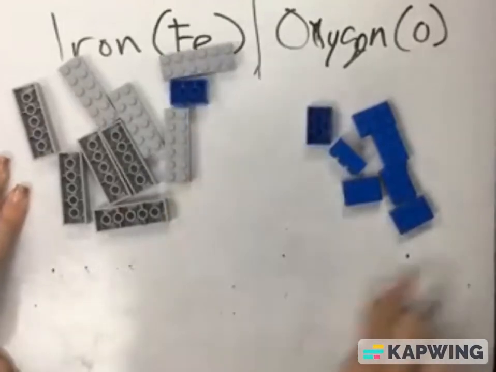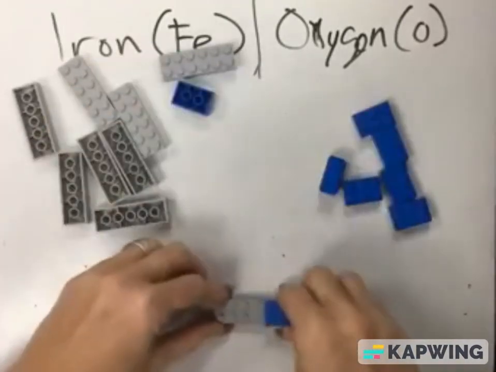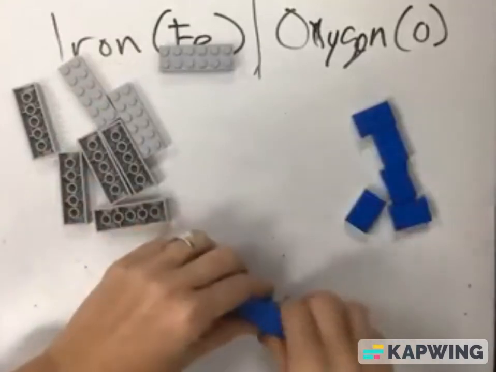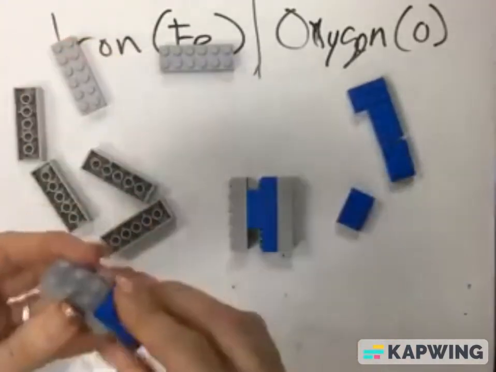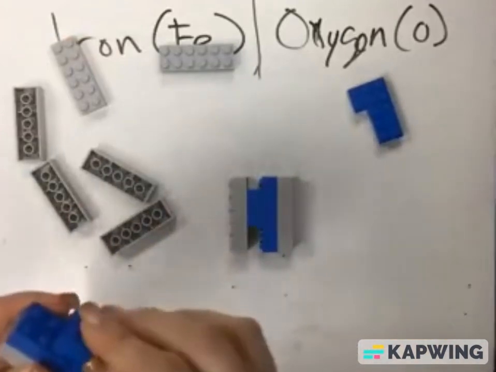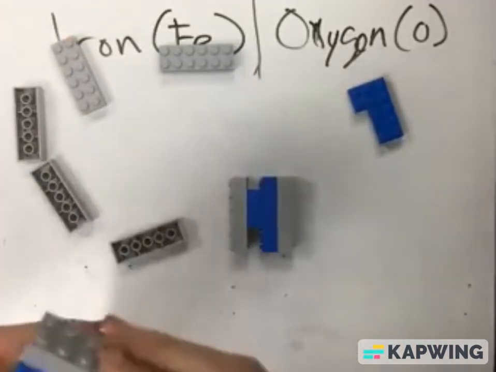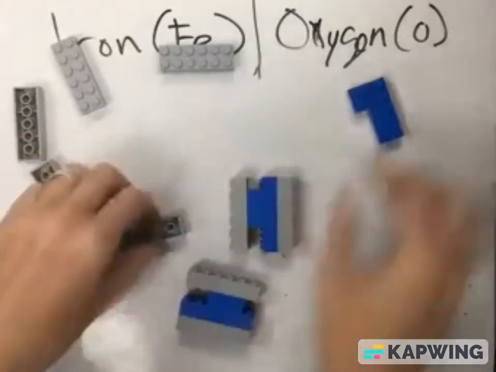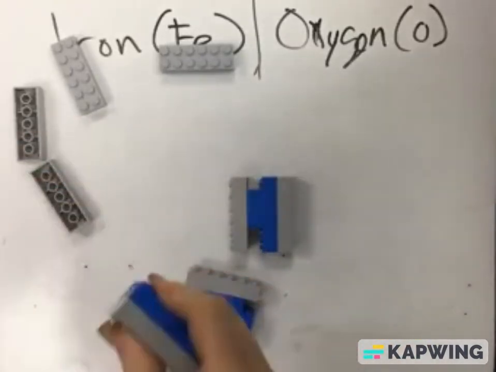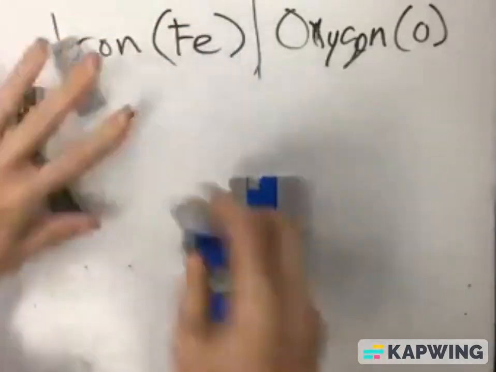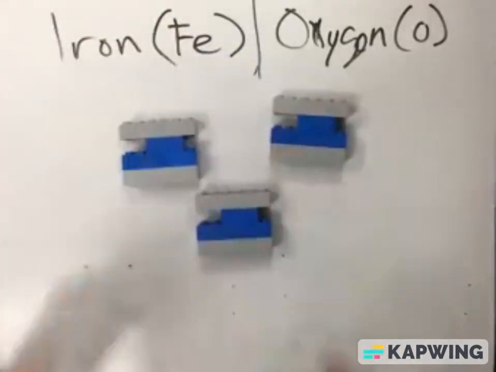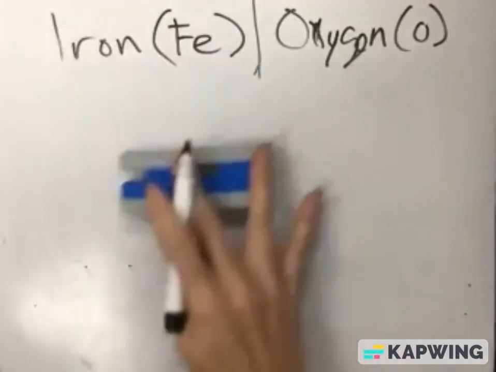Now, if we take these two elements and stick them together in very specific ratios, I have 3 oxygens and 2 irons. 1, 2, 3 oxygens stuck to 2 irons. 1, 2, 3 oxygens also stuck to 2 irons. Okay? So all of the same molecule.